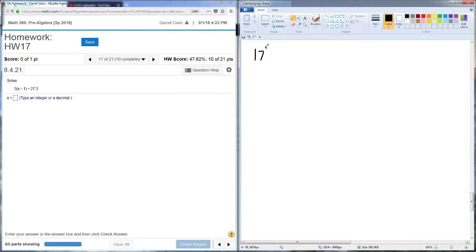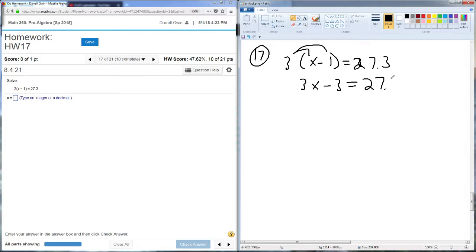Interesting. We have a distribution here. 27.3. First we're going to distribute, because you always remove parentheses before you do anything. And I want to add 3 because I'm going to get x by itself really quickly here. 30.3. Good number.